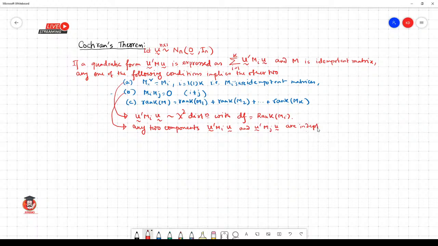So this is another well-known result of multivariate normal. This is known as the Craig and Sakamoto theorem.